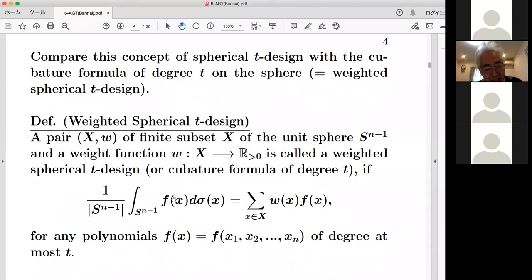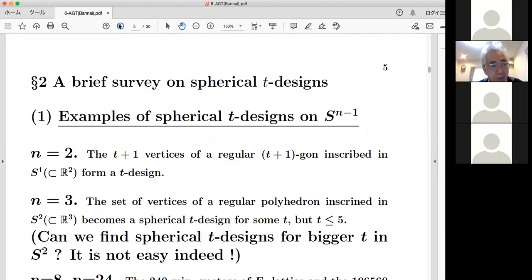Namely, the left side is the same integral of f over the sphere. The right-hand side is the weighted average, namely the sum of w(x) times f(x), for any polynomial f of degree at most t. So a weighted spherical t-design is a generalized concept of spherical t-design.